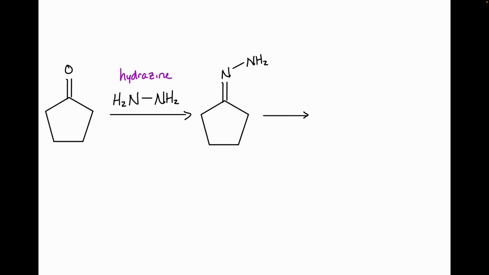All right, but this compound's a little special because we use that hydrazine. It turns out that if you follow this up with some sort of strong base, like potassium hydroxide, it effectively chops off that nitrogen and replaces it with hydrogens. So this would be a way to remove a carbonyl group altogether.